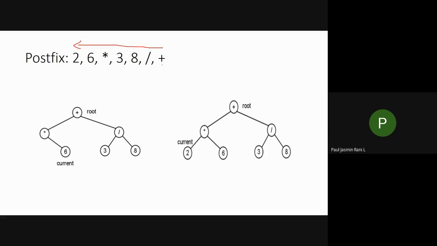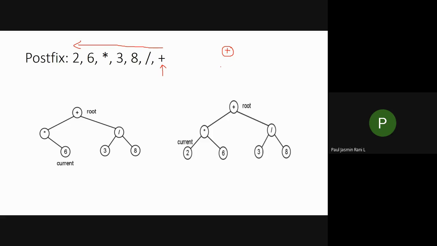So first you have to take your last character, that is your plus. It happens to be an operator, and after that you have to create a node, and after creating a node, you have to insert that element, that is the operator. And in the second method, you have to follow two rules. Internal nodes can have operators, and operands have to be placed only in the leaves.